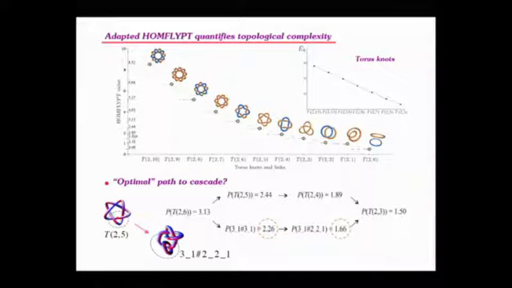But you may follow an alternative path, where you go to the connected sum of the trefoils and then through this configuration, and then you end up with the same trefoil. If you do this path, you see that according to our adapted HOMFLYPT, we don't have any indication that this would be preferred to the other, because even in this case the numbers keep decreasing.